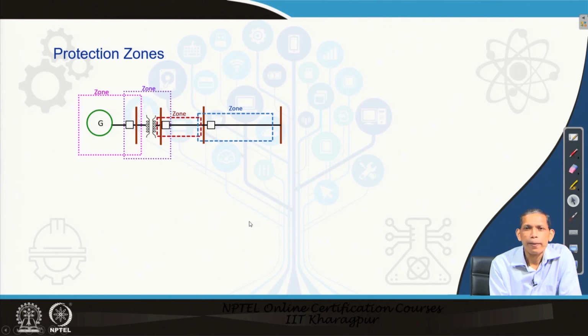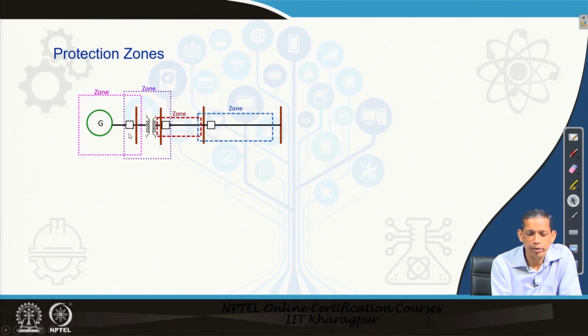We have different sections allocated to different protection schemes. The generator portion is protected by one arrangement, the transformer by another, and the line section can be protected by different protection schemes.